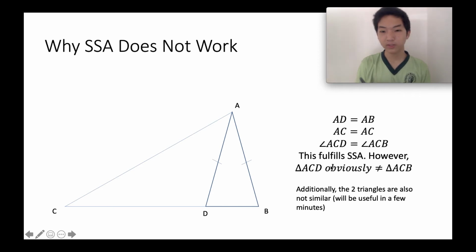Knowing this fulfills SSA between triangles ACD and ACB, because they have a side and a side congruence and an angle right here. However, triangle ACD obviously does not equal triangle ACB. Additionally, the two triangles are also not similar, which will come into importance in a few minutes.